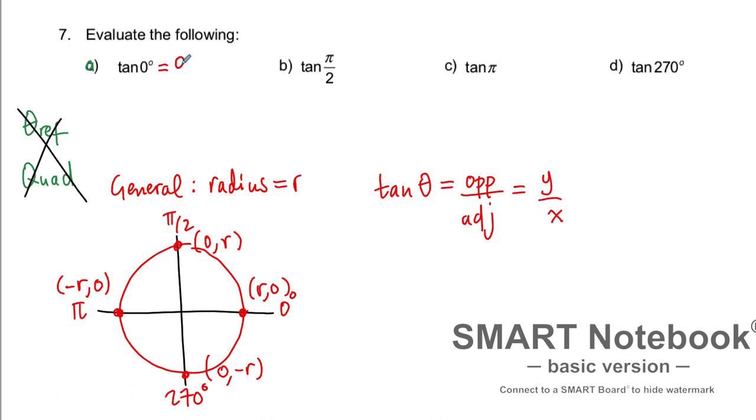So that will be 0 divided by r. At pi by 2, we take the y divided by the x, and we get r divided by 0. At pi radians, or 180 degrees, we take y divided by x every single time, and we get 0 divided by negative r. And at 270 degrees, y divided by x is going to be negative r divided by 0.